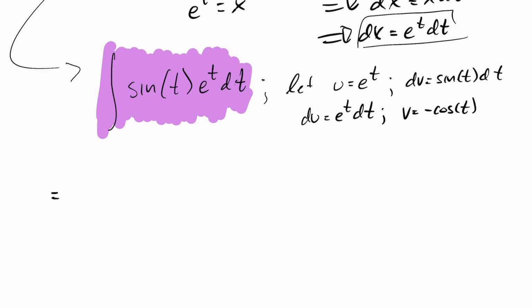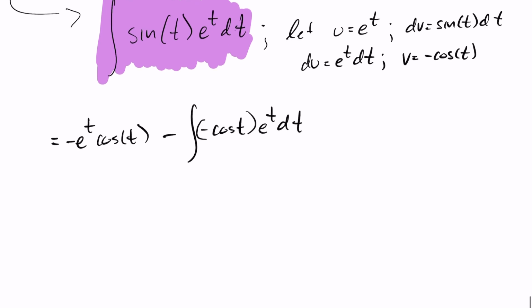So this integral now becomes e to the t, put the negative sign in front, cos of t, so that's uv minus the integral of v, which is this one, du, which is e to the t dt.